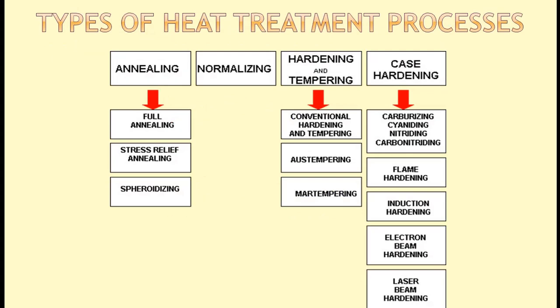Now, as we are discussing the types of heat treatment process, there are many types, but primarily we segment them into 4 different types. One is annealing, the second is normalizing, the third is hardening followed by tempering, and the fourth is case hardening.